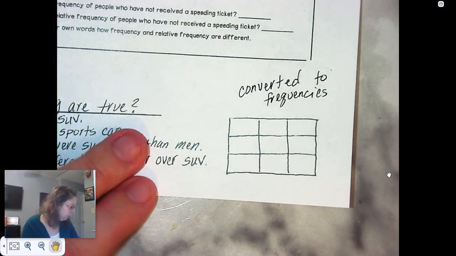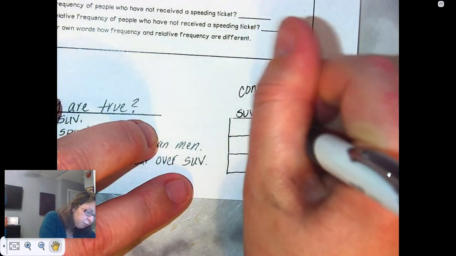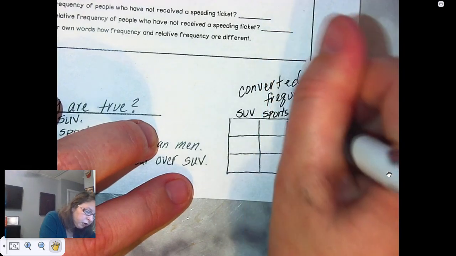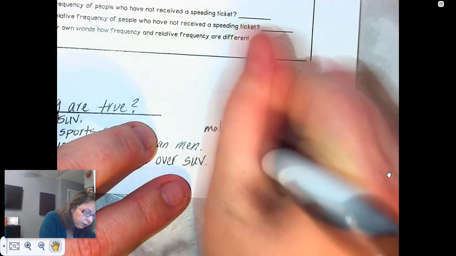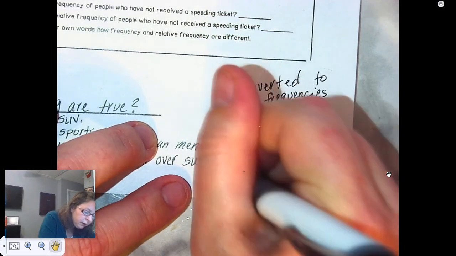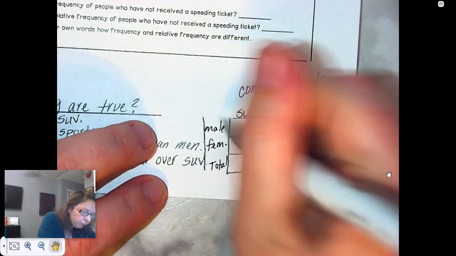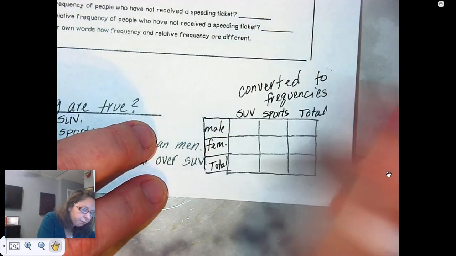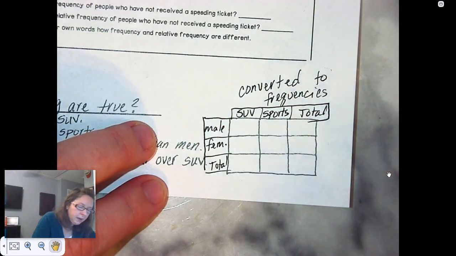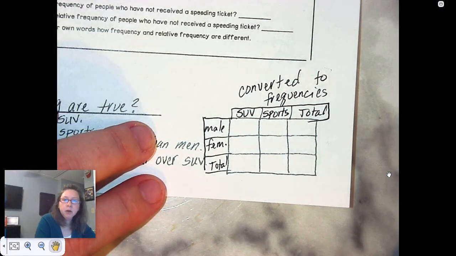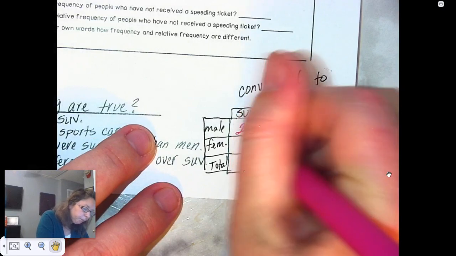I have SUV, sports, and total. I have males, females, and totals out to the side. So I filled in my table. Now I'm going to do all of my multiplication and fill in my table.